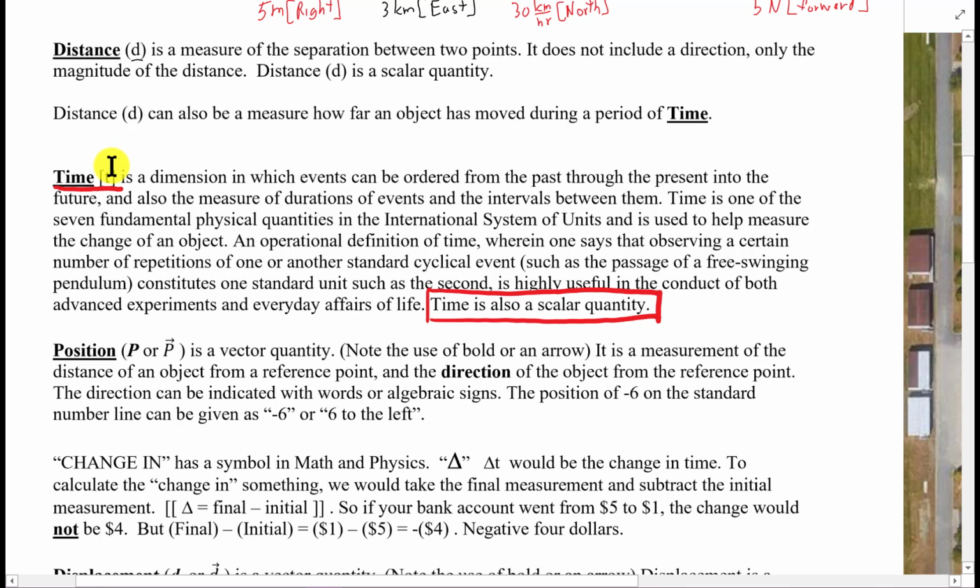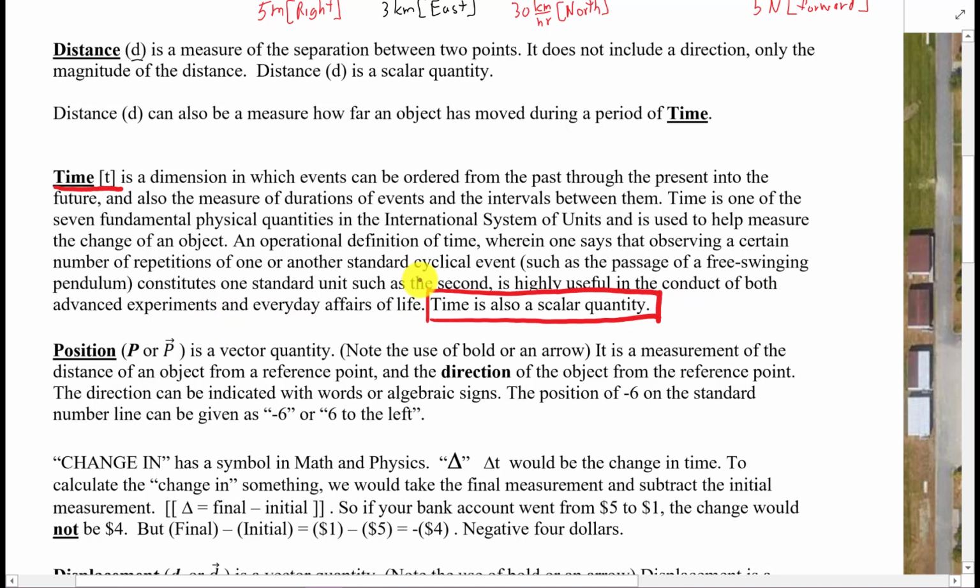An operational definition of time wherein one says that observing a certain number of repetitions of one or another standard cyclical event, such as the passage of a free swinging pendulum, like a grandfather's clock swinging back and forth, constitutes one standard unit of something called a second, could be, and is highly useful in the conduct of both advanced experiments and everyday affairs in life.